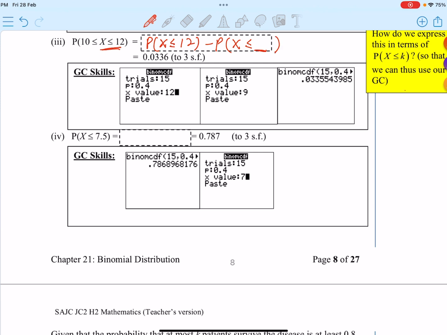Right, so if you look at the number line, these are the values that you can take: 12, 11, 10, 9, 8. Right, we want the values from 10, 11, and 12.